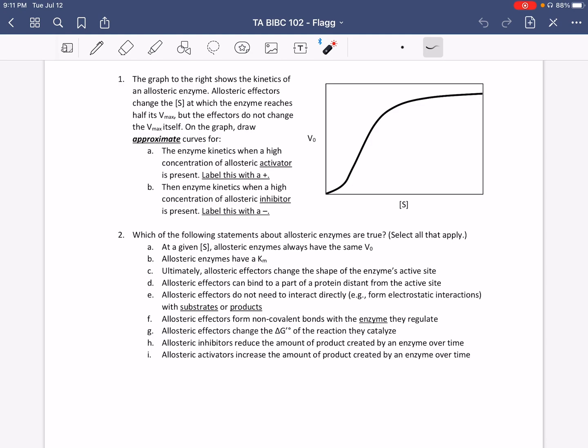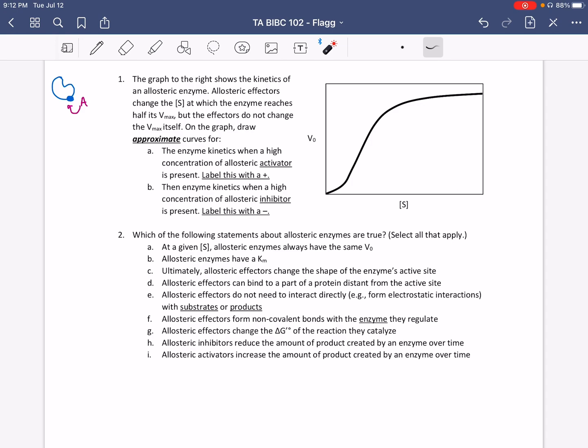Just to refresh your memory, we have talked about two types of allosteric enzymes. For example, if we have an enzyme that has its active site, there is a small allosteric site away from the active site to where an effector, I will call it A, can bind and basically affect how this active site is going to behave for its substrate.